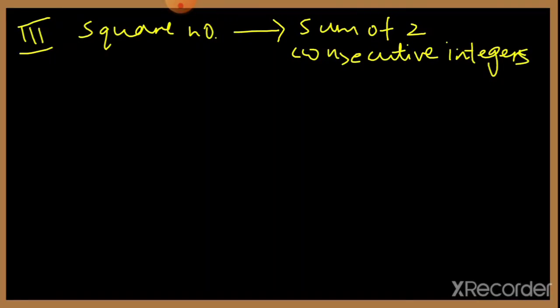Any square number can be expressed as sum of two consecutive integers. We'll take up an example to see how it works.